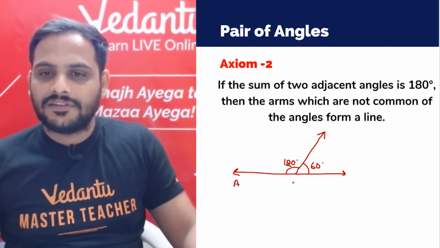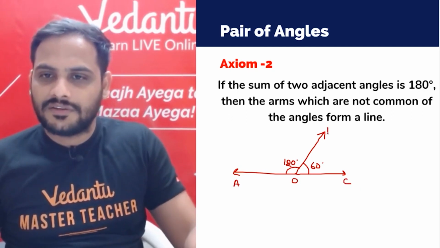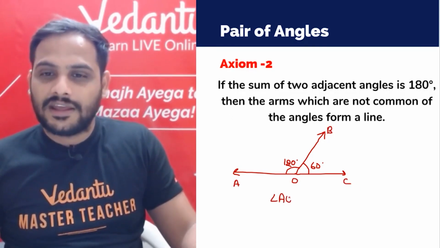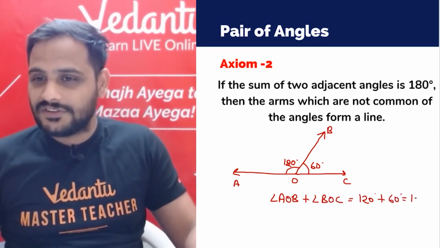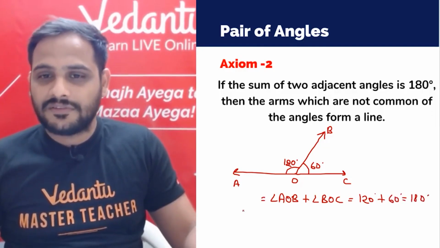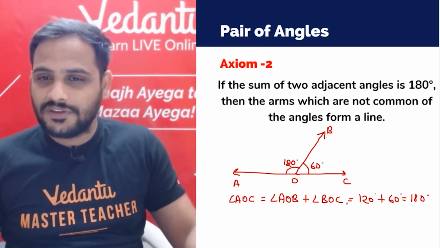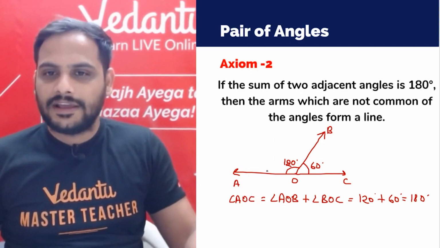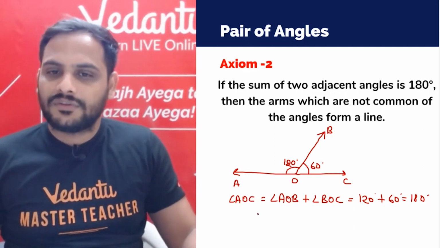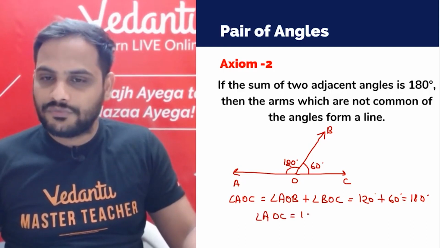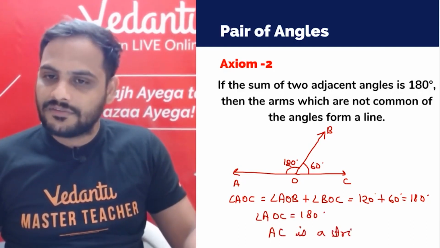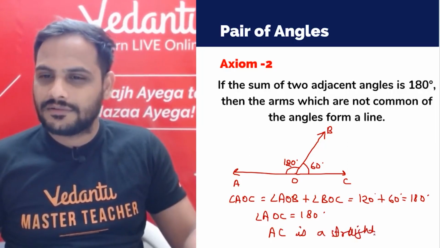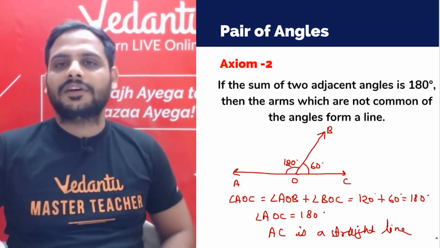Let's say it is AOC and this is B. Since I know that angle AOB plus angle BOC is equal to 120 plus 60, which is equal to 180 degree, I can clearly say angle AOC is equal to 180 degree. Angle AOC will be AOB plus BOC. So angle AOC is equal to 180 degree. That means AC is a straight line. Okay? AC is a straight line.